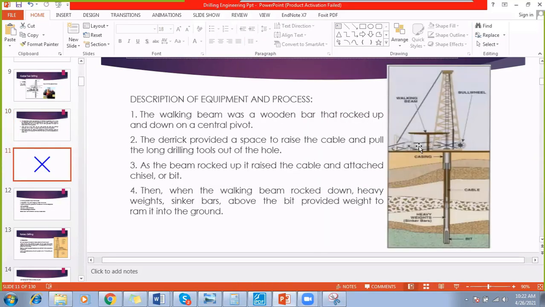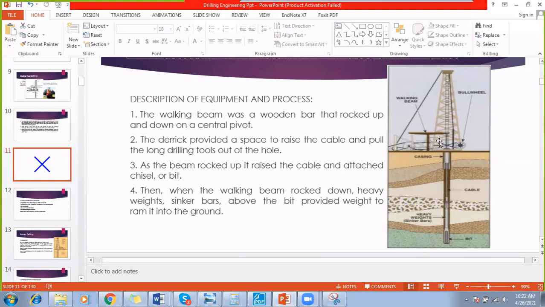And there is another image related to cable tool drilling, and here you can see that there is a walking beam, and this walking beam is actually connected with the drill stem. Whenever the beam is raised, the attached drill stem will also move upward.